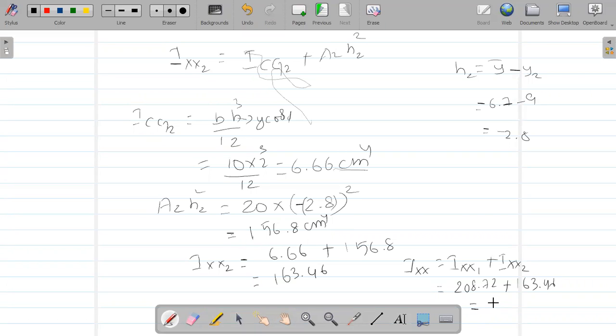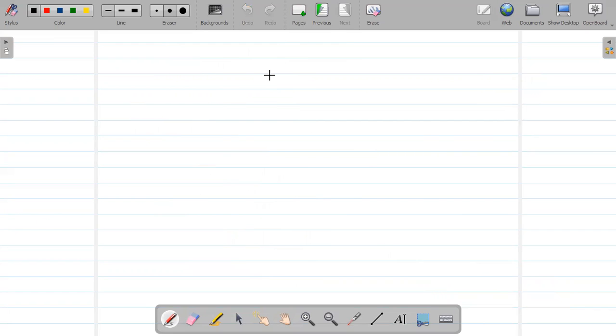So what is the total answer you will get here? 208.72 plus 163.46. Yes, it's 372.18. Again, the answer is centimeter to the power of 4. This is about x-axis. Again, you have to calculate about y-axis.